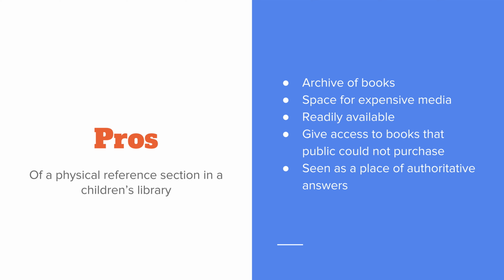So, the pros of a physical reference section in the children's library. So, it's an archive of books. This means that it's a wonderful space for children to gain access to books. We archive these books and it's just available. So, it's a space for expensive media that parents and families cannot purchase out of their own pocket.